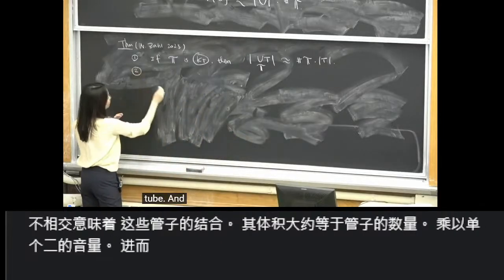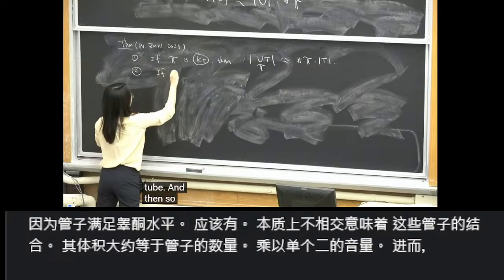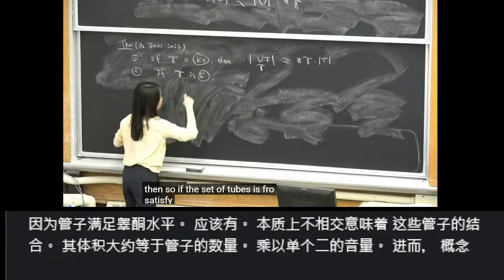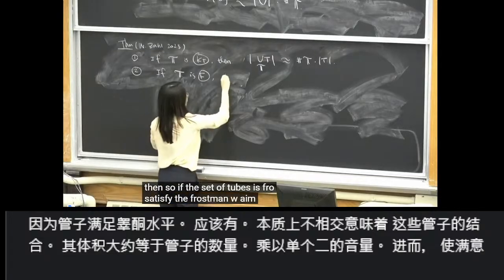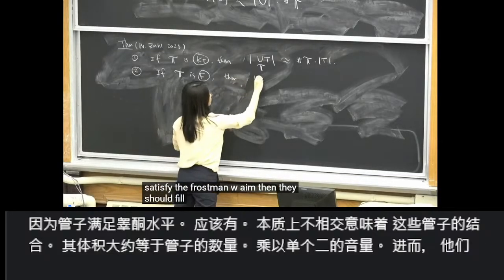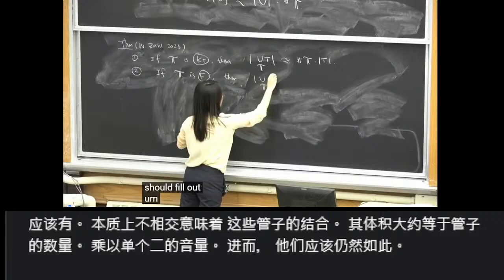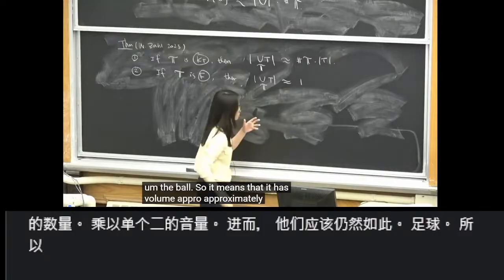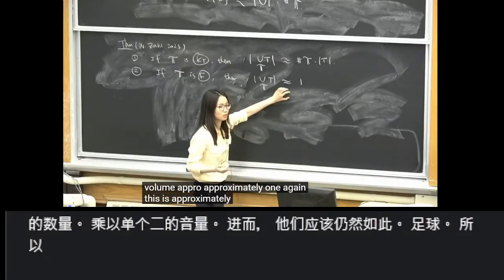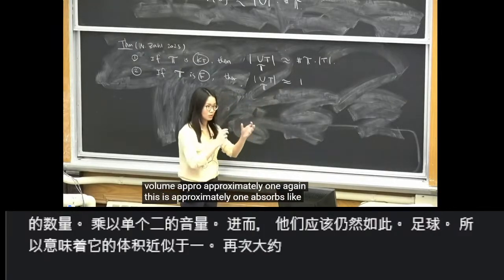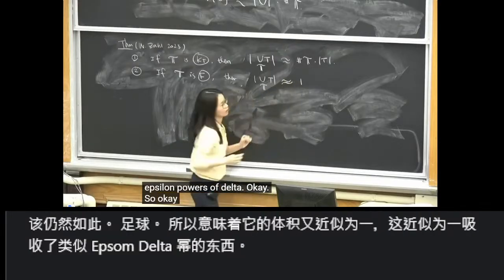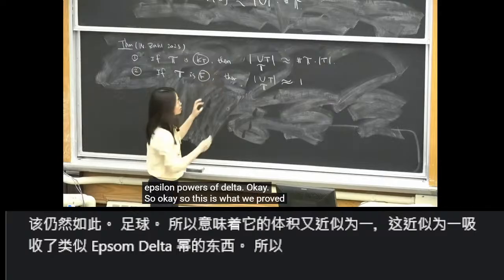And then, if the set of tubes satisfies the Wolff axiom, then they should fill out the ball. So it means that it has volume approximately 1. Again, this approximately 1 absorbs epsilon powers of delta. Okay. So this is what we proved.